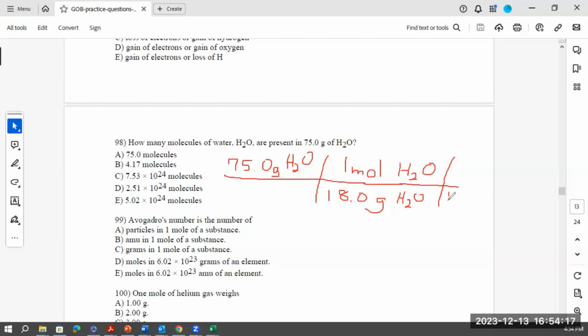So for every 1 mole, that's going to equal how many molecules? 6.022 times 10 to the 23rd.